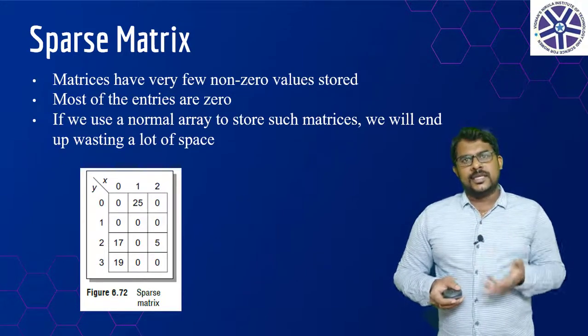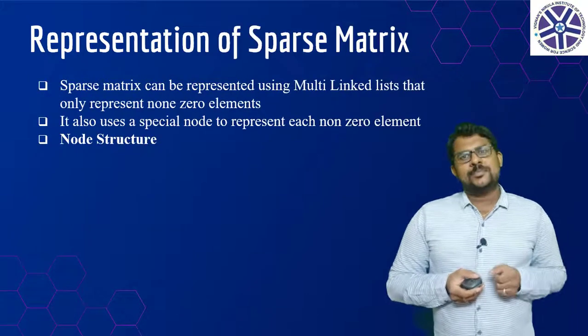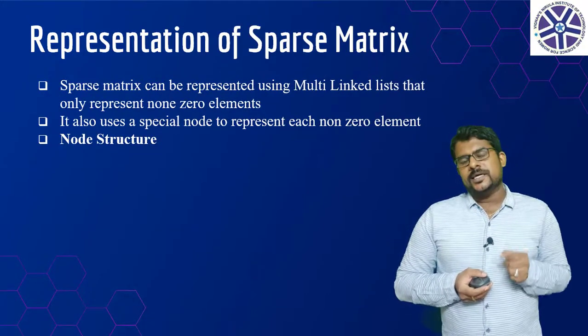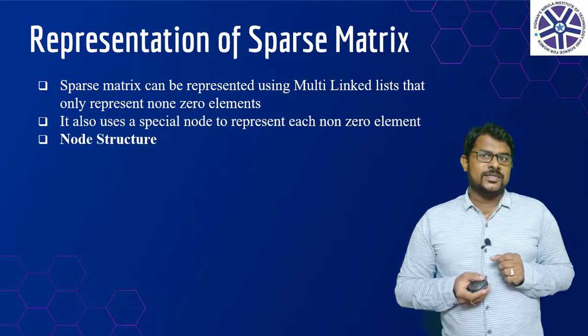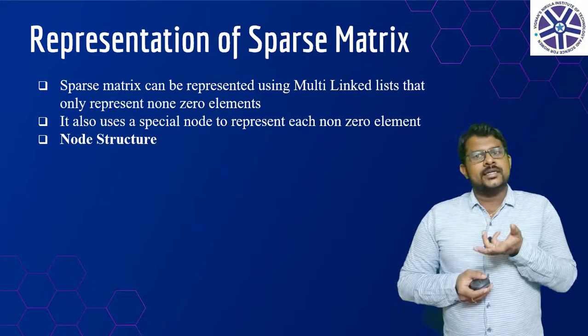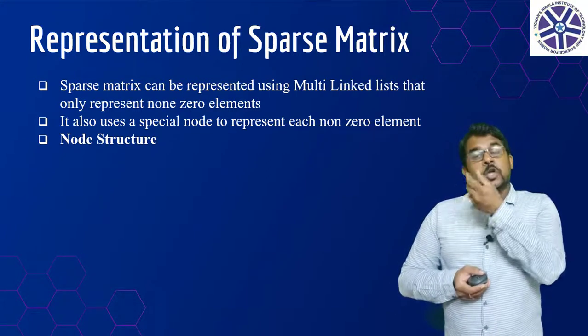Now let us see how we can represent a sparse matrix using a linked list. The sparse matrix can be represented using a multi-linked list, where each node represents a non-zero element.